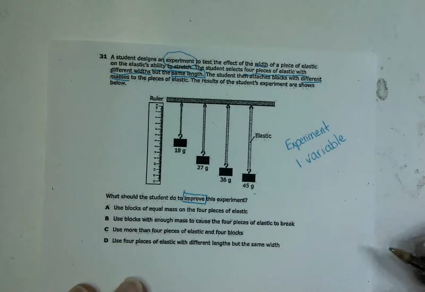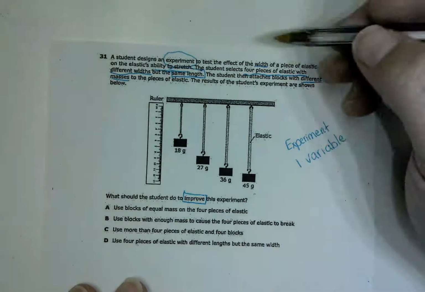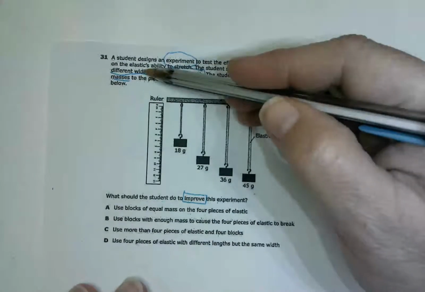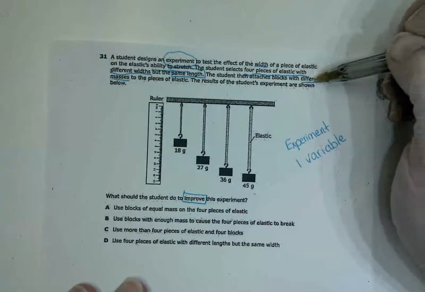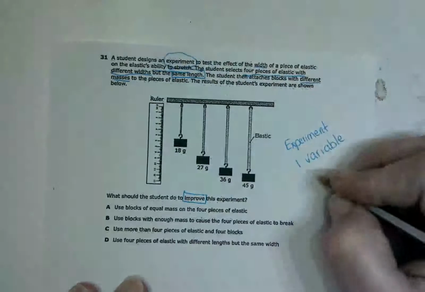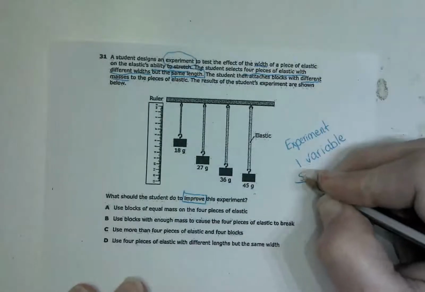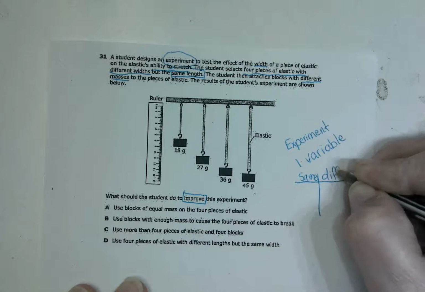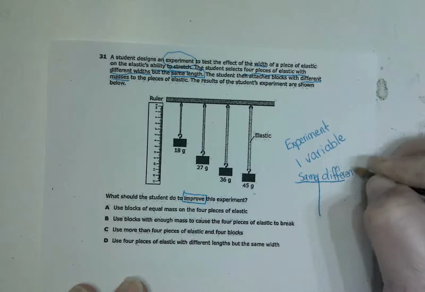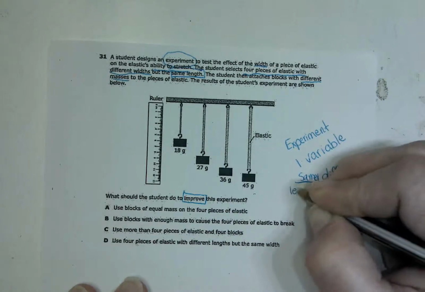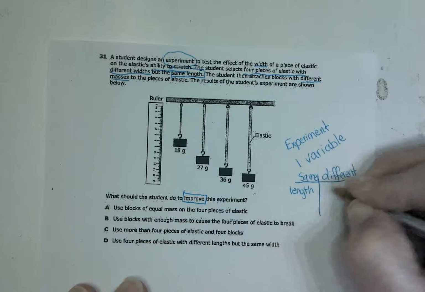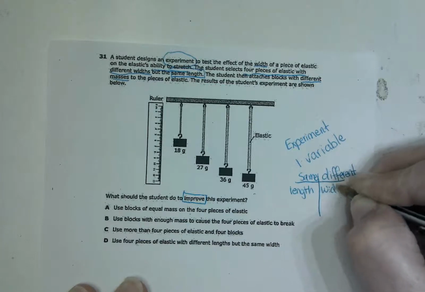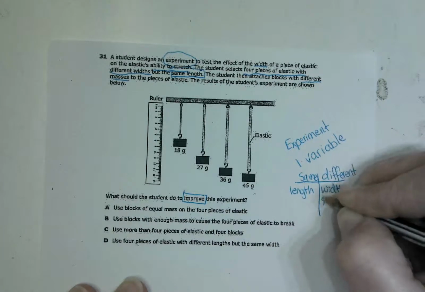And they changed the width of the elastic, and they changed the different masses. So they had same and different. This was the length, and this was the width. They also changed the masses.